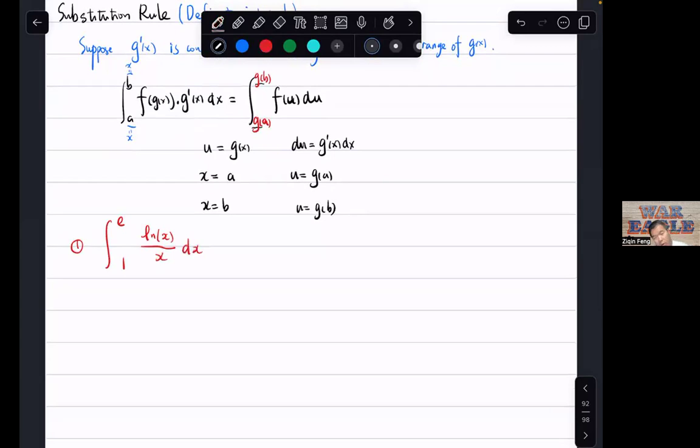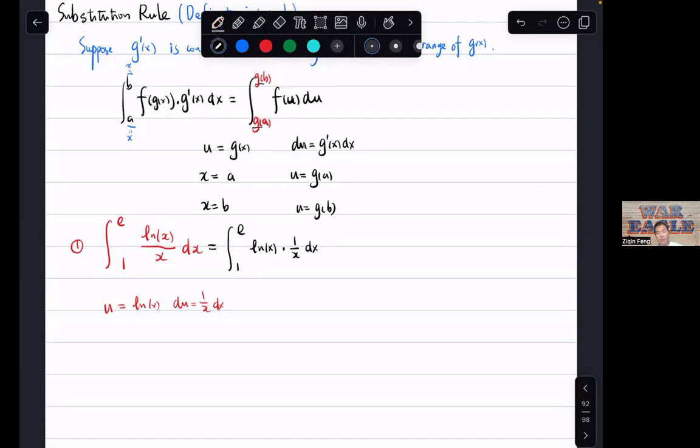We want to introduce a u whose derivative is included in the integral. We can see that clearly because the only two functions involved are natural log of x times 1 over x dx. So this hints that u should be natural log of x, because its derivative is in there. We let u equal natural log of x, and du is 1 over x dx.